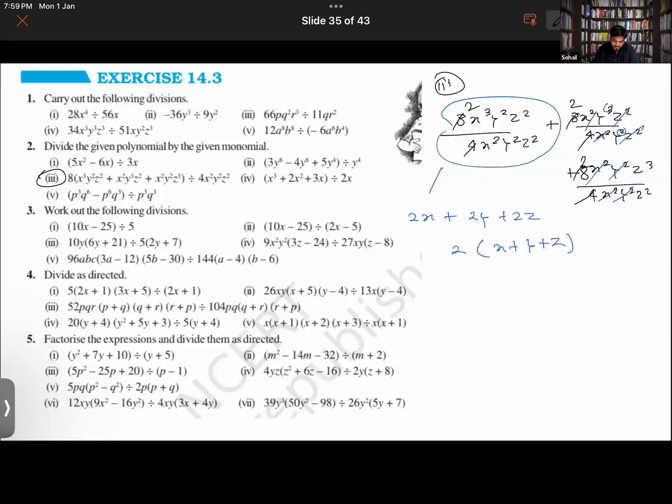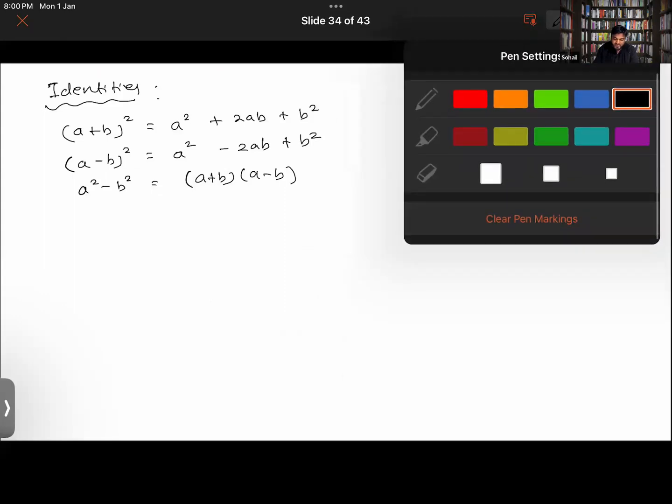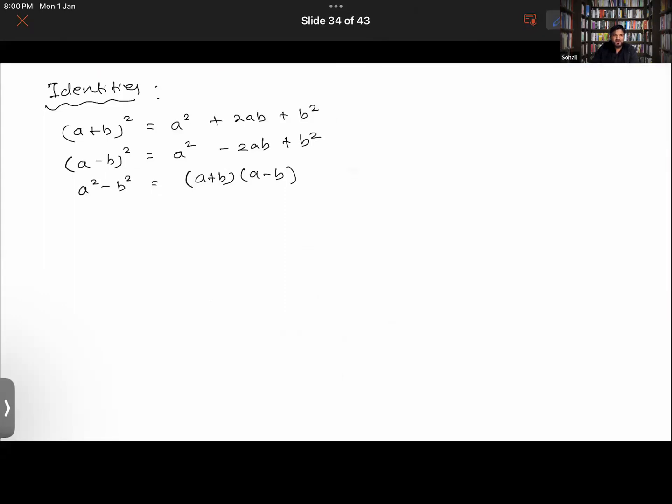Also tell me one more thing: is the division part clear now? How do we basically divide algebraic expressions? Does everyone remember that now?